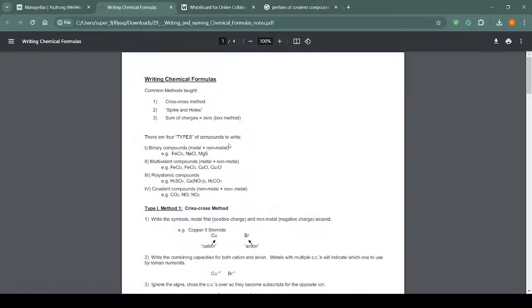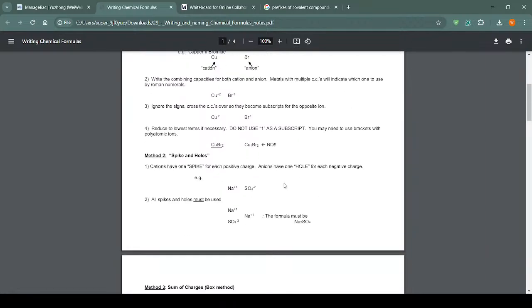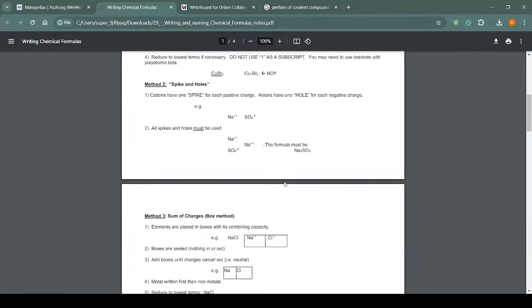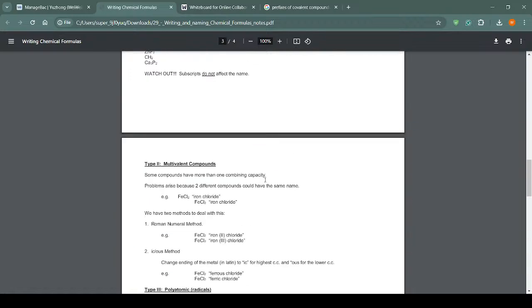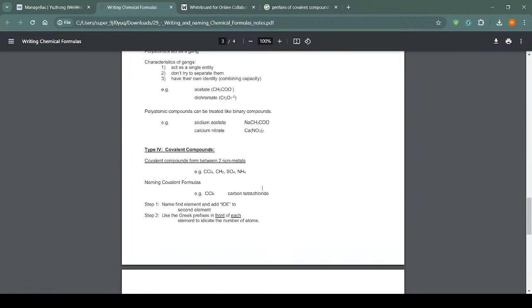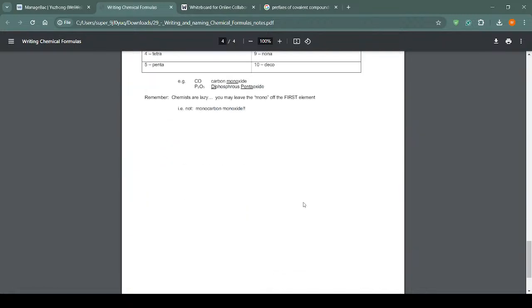Okay. Right, covalent compounds. Naming chemical formulas, multivalent compounds, polyatomic. Oh, it's right here. Okay. Yep.